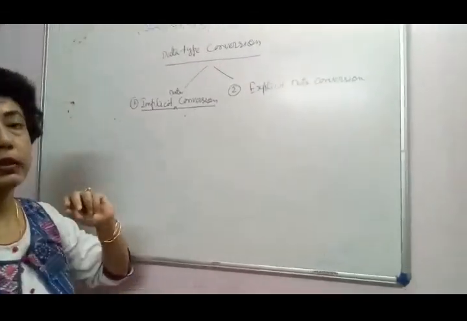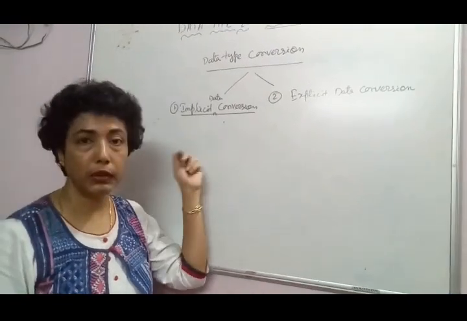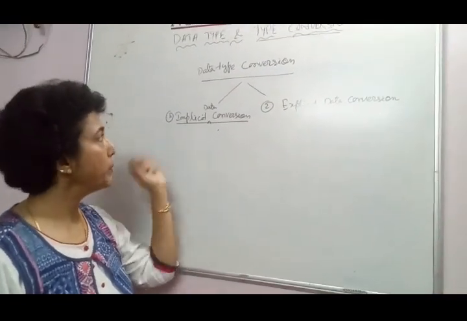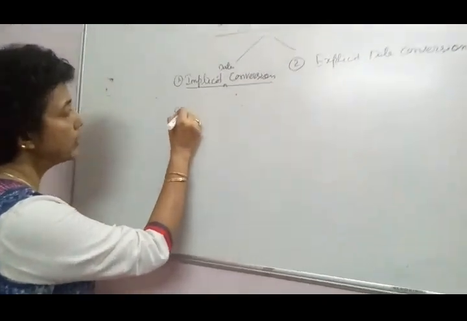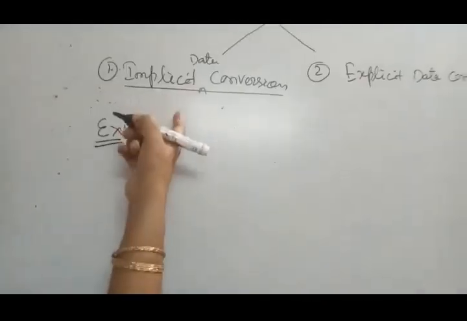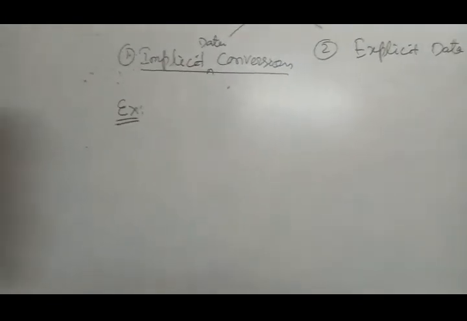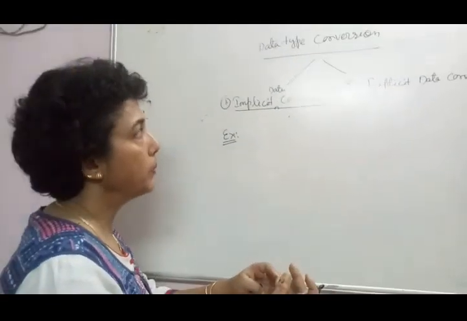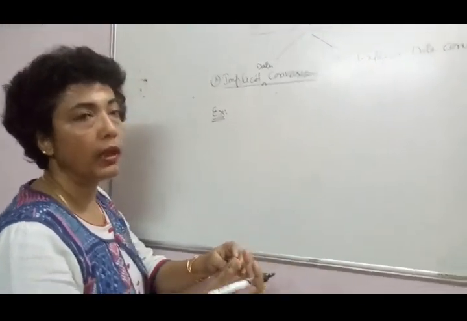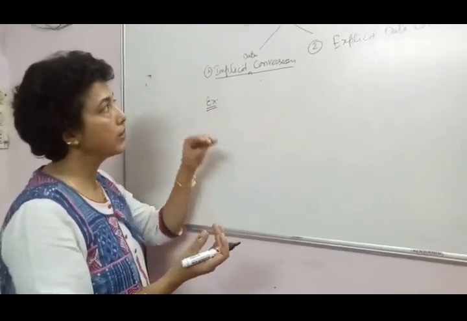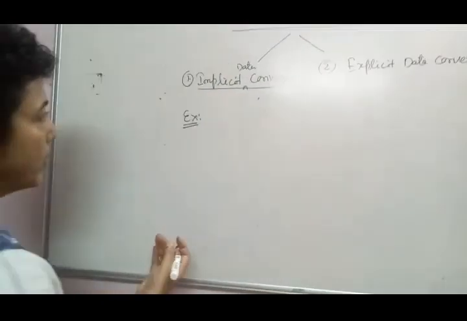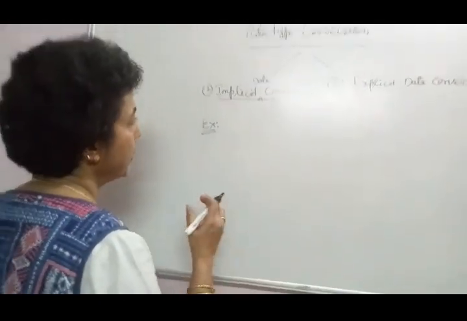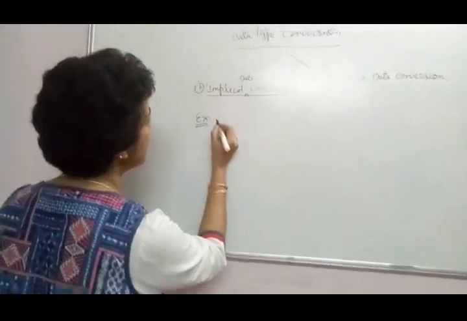This is also known as type promotion. The basic idea here is the value of a lower data type gets promoted to a value of a higher data type. So it is known as type promotion or implicit conversion, automatically done by the compiler.